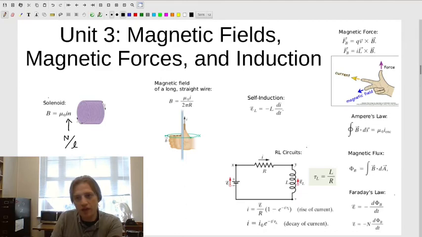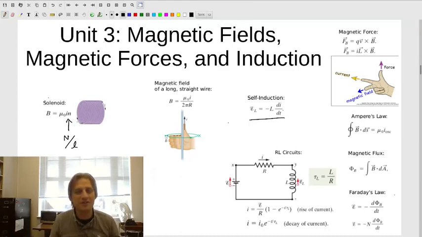Okay, then what else do we have in this unit? We had a lot of stuff. The other thing is the idea of induction. So if you have a changing current in an inductor, it can cause a voltage in the inductor, and the voltage acts so as to go against the status quo.